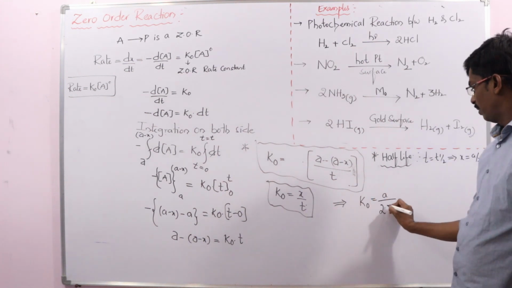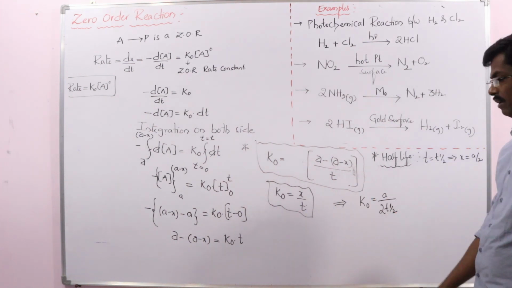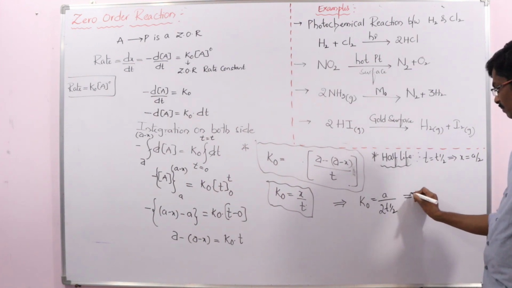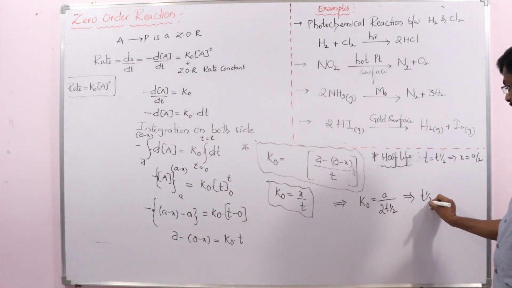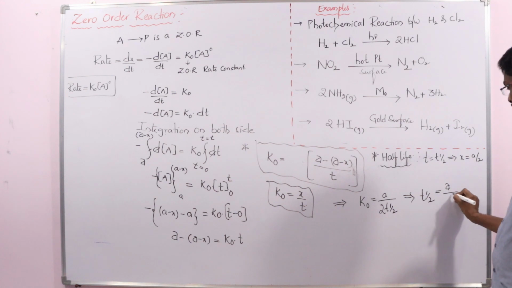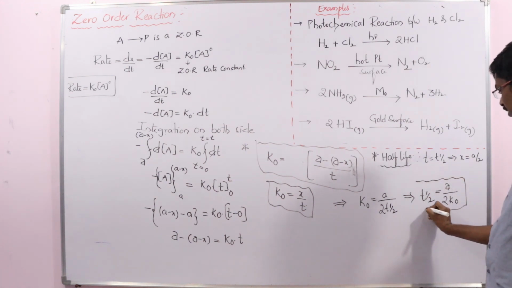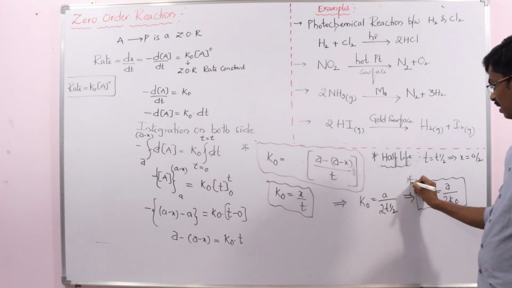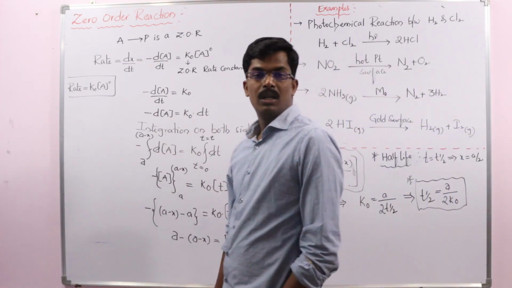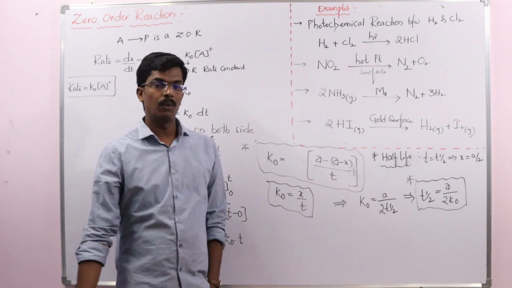So t is going to become t half, which is what we need. t half is equal to a by 2K naught. For zero order, half-life is t half equals a by 2K naught.